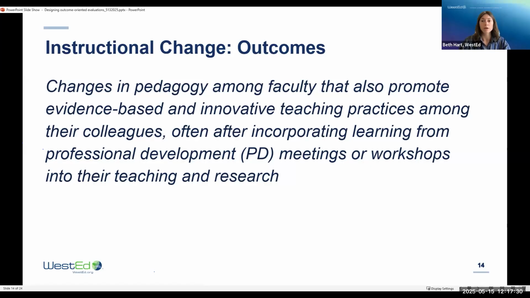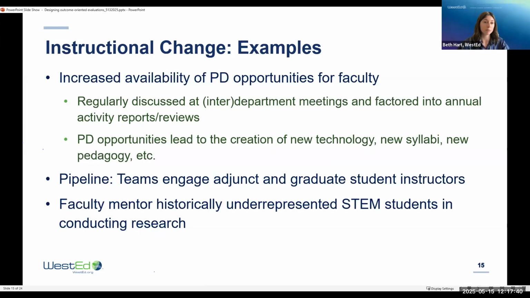And this could be incorporating learning from professional development meetings or workshops into their teaching and research. On the next slide, we have some examples of how this can look. The first one is increased availability of professional development opportunities for faculty.